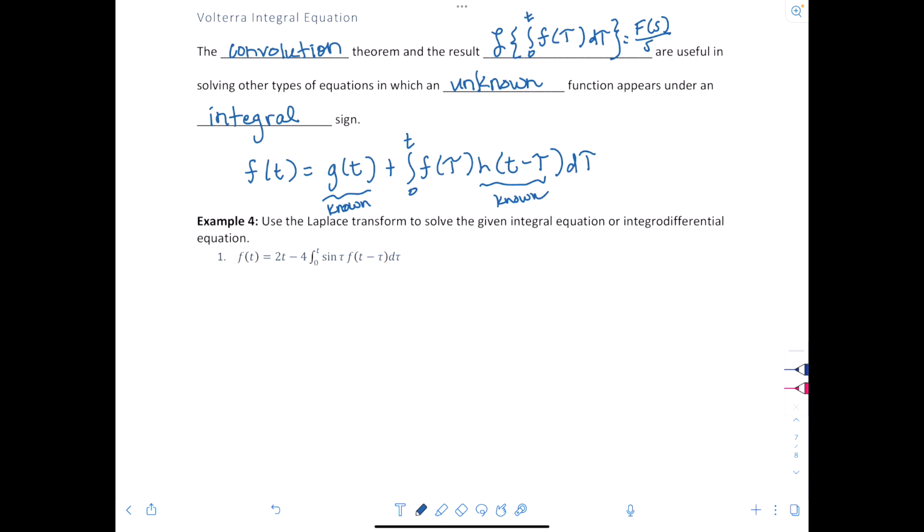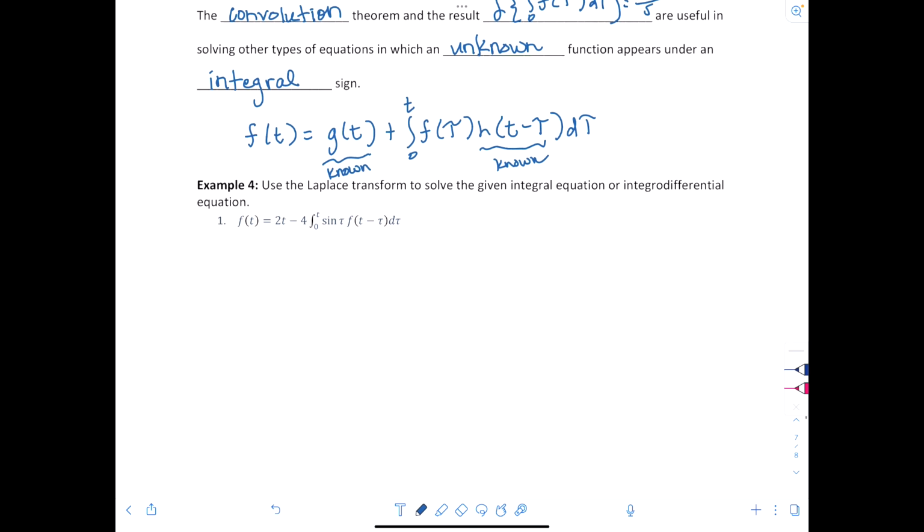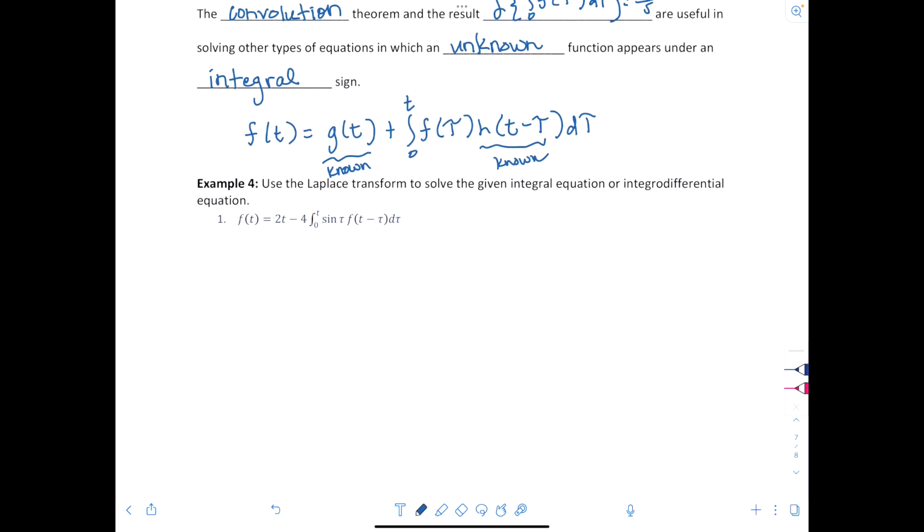So we're going to use the Laplace transform to solve the given integral equation or integral differential equation. So this first one's an integral equation. We have f at t equals 2t minus 4 times the integral 0 to t sine at tau f at t minus tau with respect to tau. Cool? So here we go. We're going to take the Laplace transform of the whole thing.